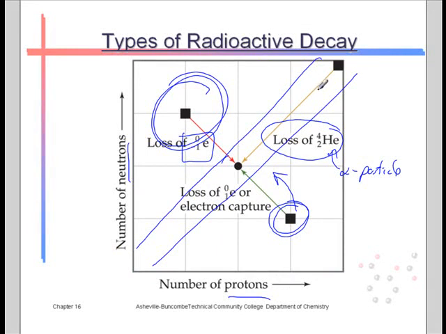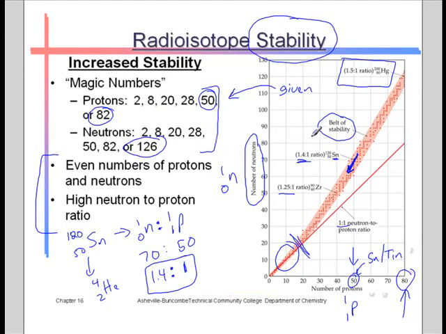You have to remember that to go high into the band of stability, it's going to be a beta emission. To go low and back up into the band or belt of stability, you're going to have a positron emission or electron capture, and to drop within the band of stability, an alpha particle is going to be kicked off. You need to know this chart and how to use it in conjunction with that one there.